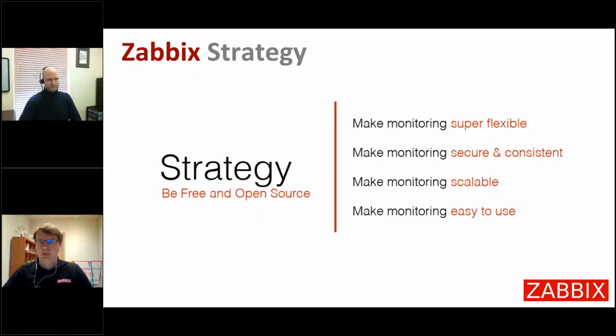If you ask what Zabbix is aiming for as a solution, as a company, it's important to understand that Zabbix is producing open source software, which means that there is no limit in terms of buying licenses or getting contracts signed just in order to get the software. So the software is free and available.